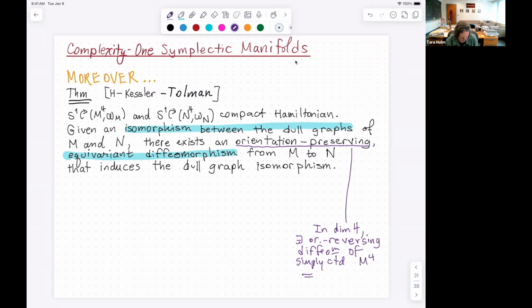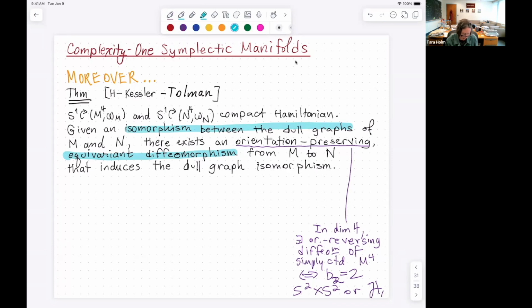These exist exactly when you have the right Betti number, so B2 is 2. This is the case of S2 cross S2, or here it's 1. And so we spent some time trying to figure out exactly how those fit in.